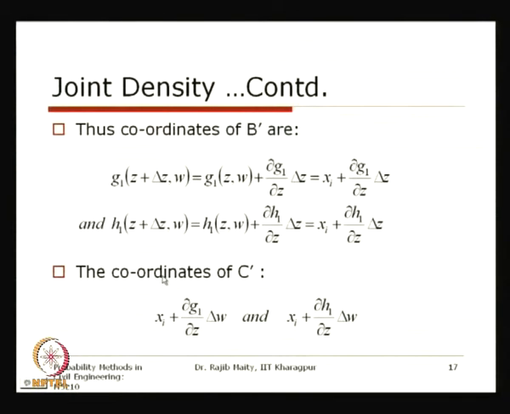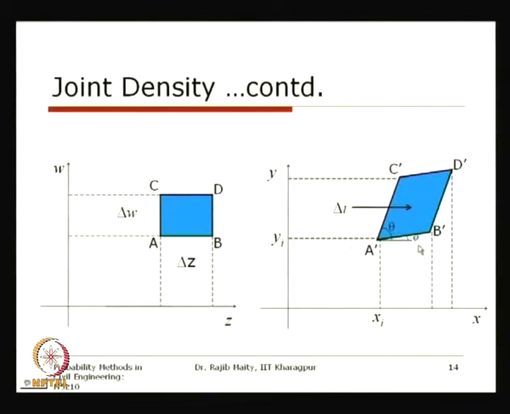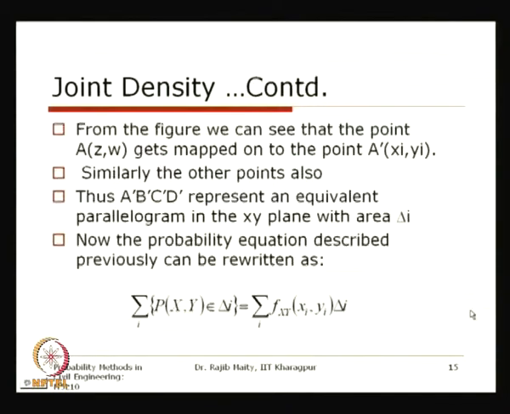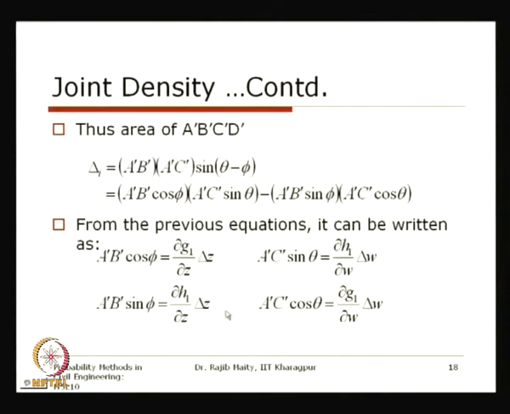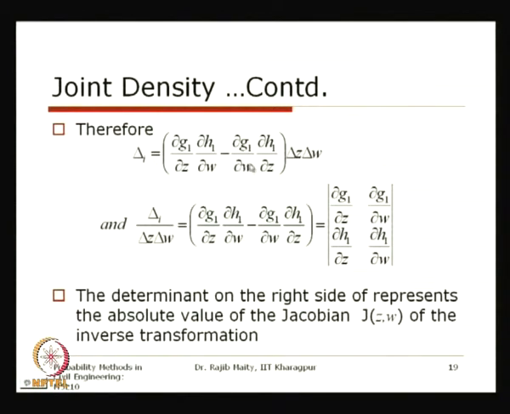So what we are obtaining is the total representative area on that xy plane. These are the values we got, and if we put them back into this equation, we get the total area delta I, and this is exactly what is done here.